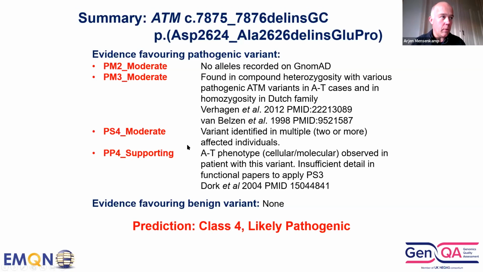There's also PS4 moderate evidence because the variant was identified in multiple affected individuals, together with PP4, as these patients had an AT phenotype and also the chromosome breakage level. This variant is associated with an AT phenotype.